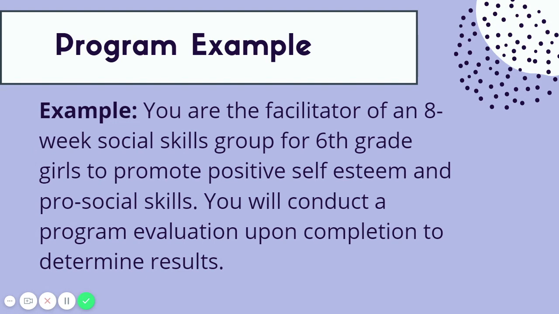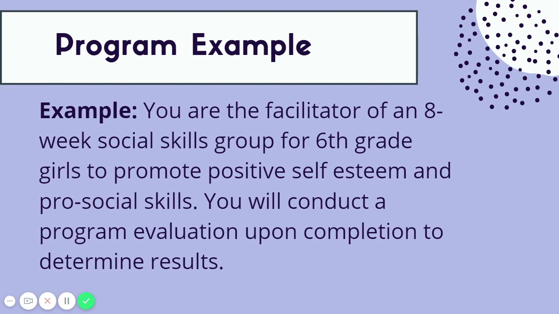So the sample program, this is the scenario. Imagine that you are the facilitator of an 8-week social skills group for 6th grade girls to promote positive self-esteem and pro-social skills. You will conduct a program evaluation upon completion to determine results.